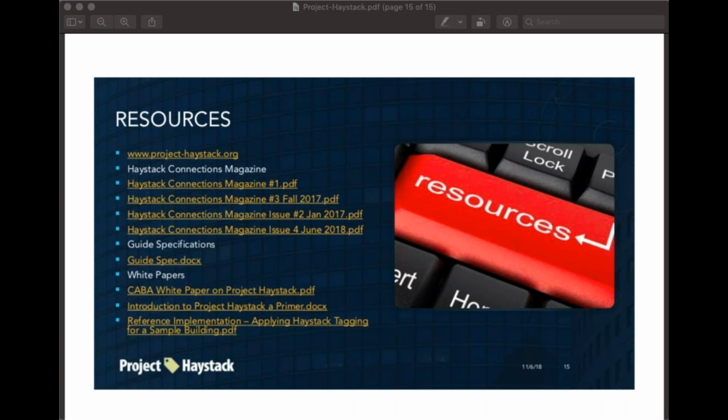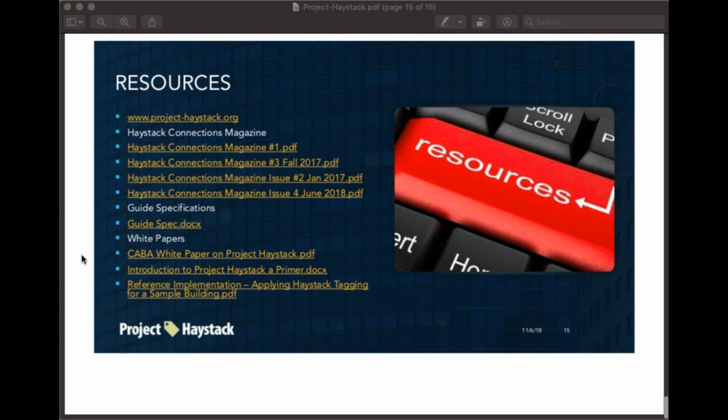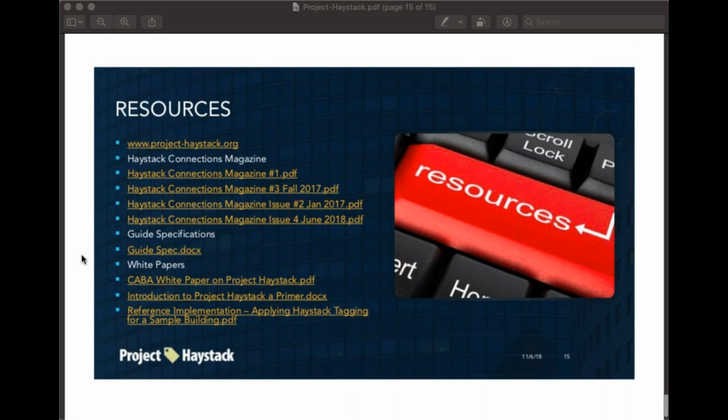And they did that work, and then they published it back and made it open source for the community, so somebody can see not only the theory, but how a major property owner tackled Haystack tagging of all of their systems. So those last two bullets there, really incredibly valuable contributions by community members this year to help people. And again, just remembering that Project Haystack is non-commercial, fully open source, all volunteer-based work. So those are my prepared comments, Jim, and great.